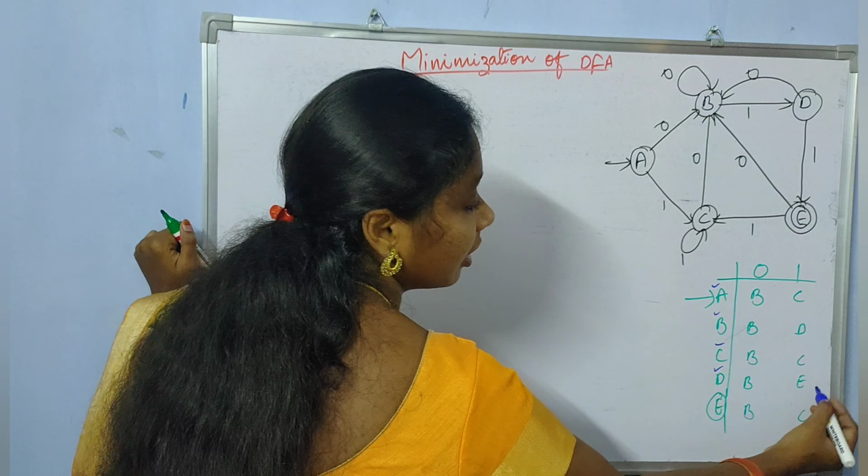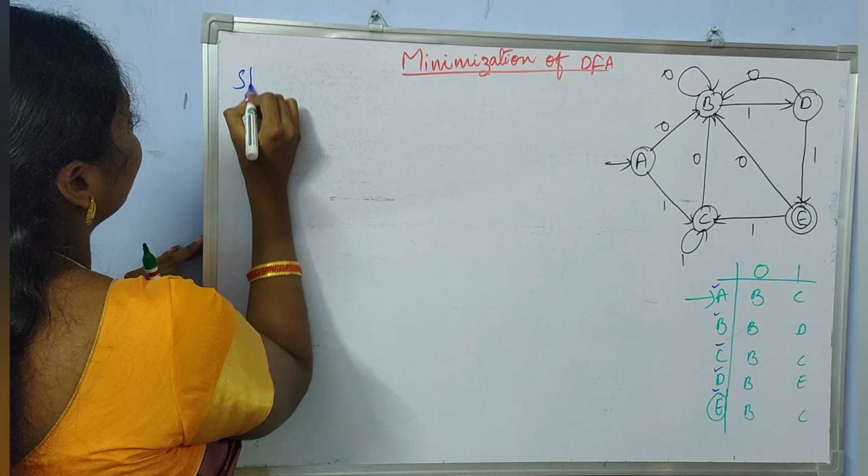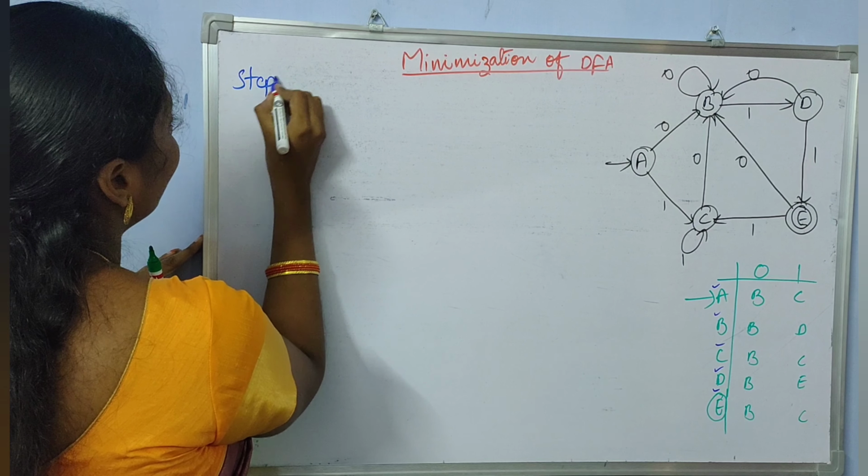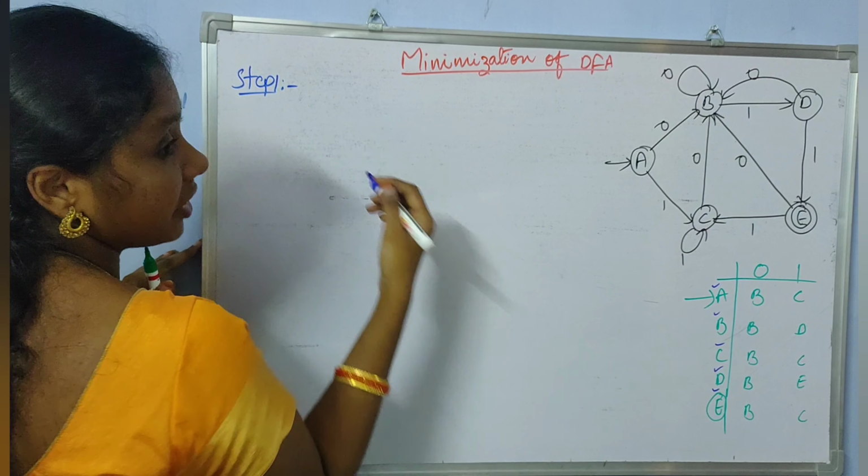Now let's come to the process. As the first step, we need to divide the states of the DFA into 2 groups, final and non-final groups. Let's treat it as step 1.